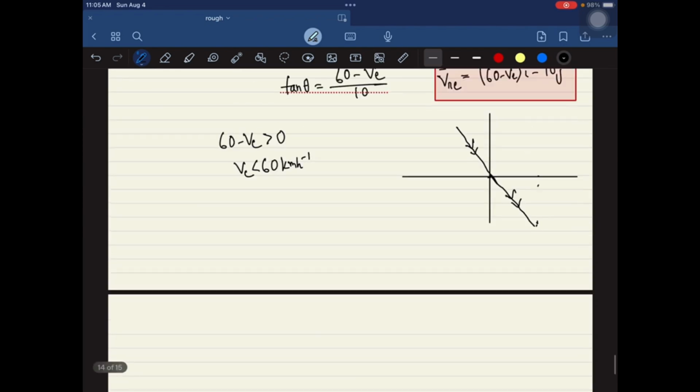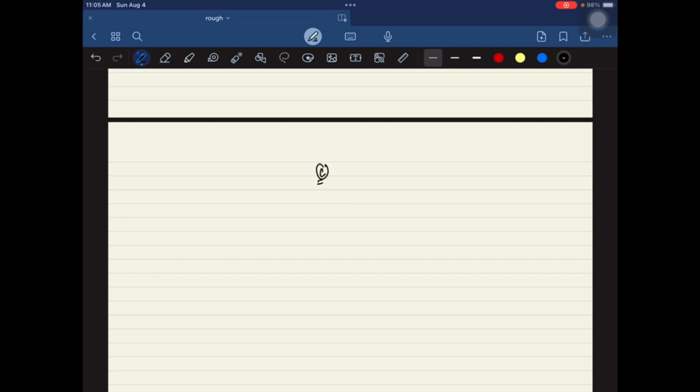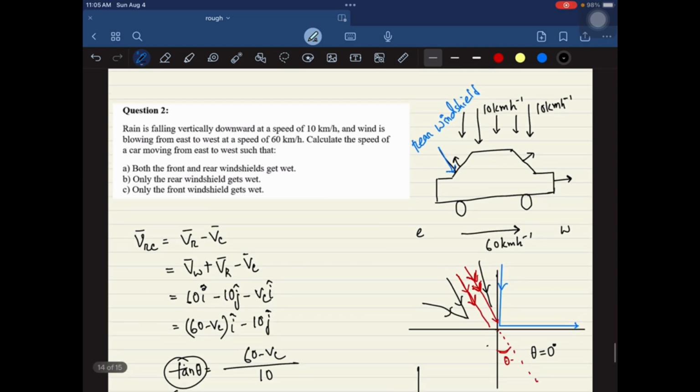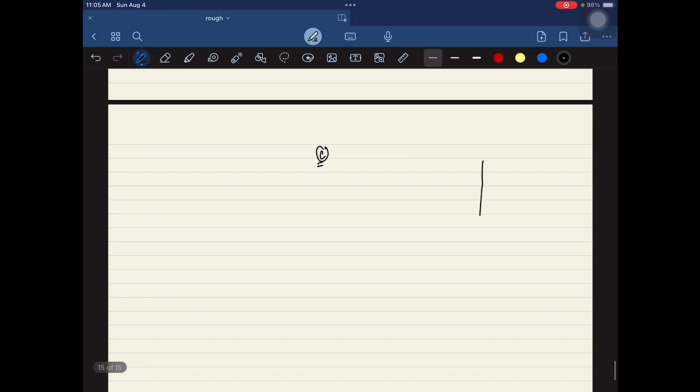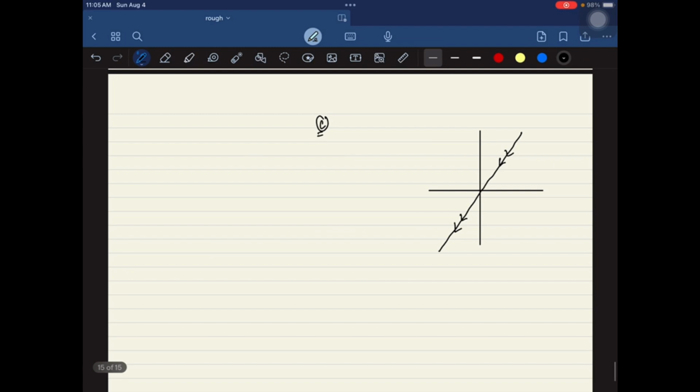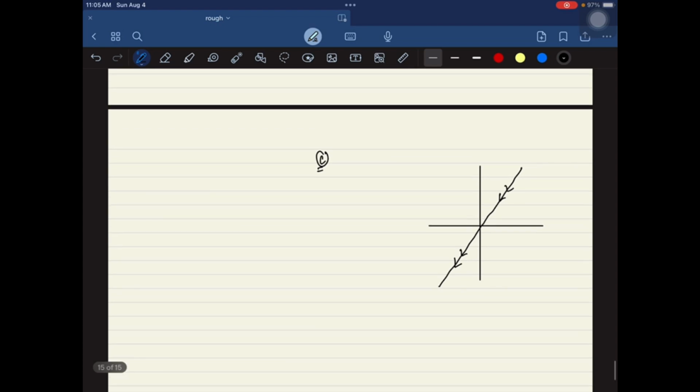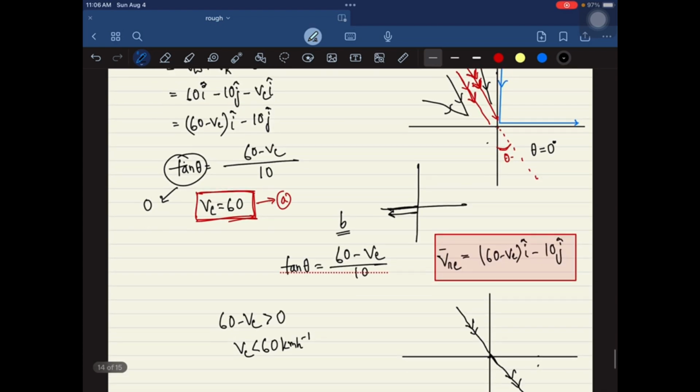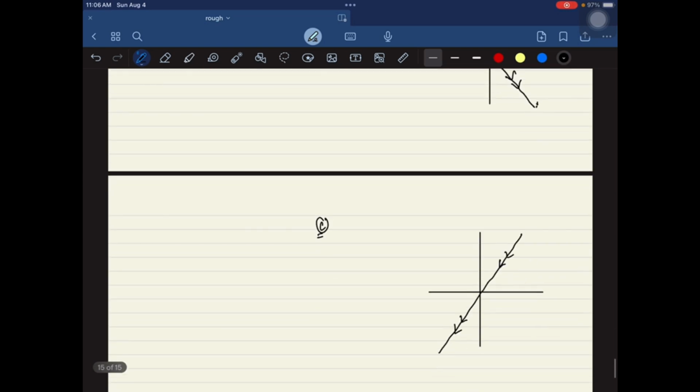Got it? For the next one, number C: only the front windshield gets wet. For the front windshield to get wet, the velocity of rain with respect to the car should be in this direction.